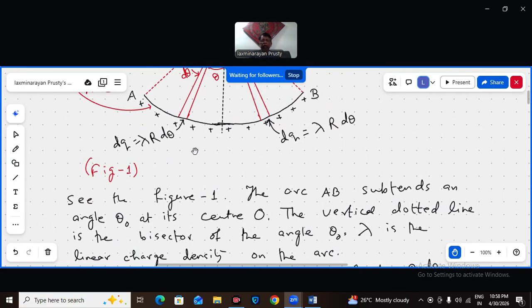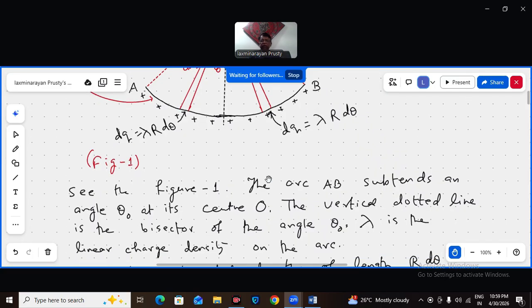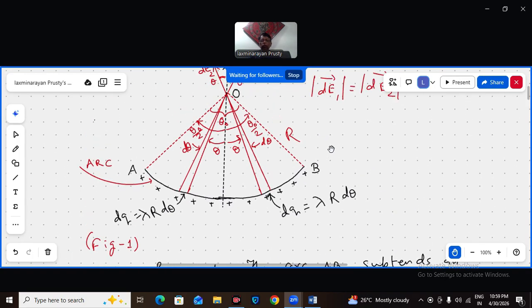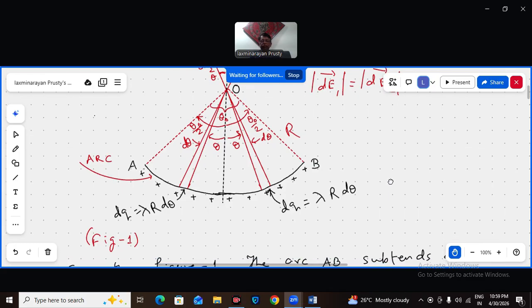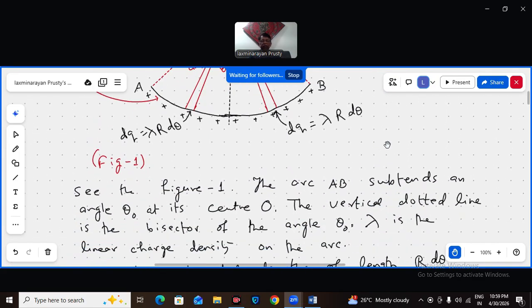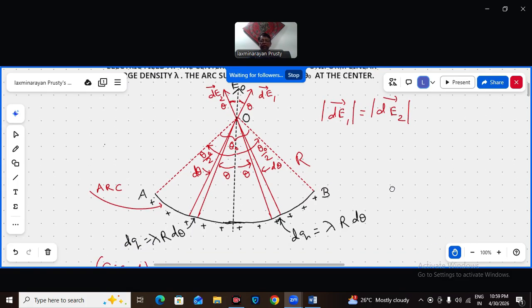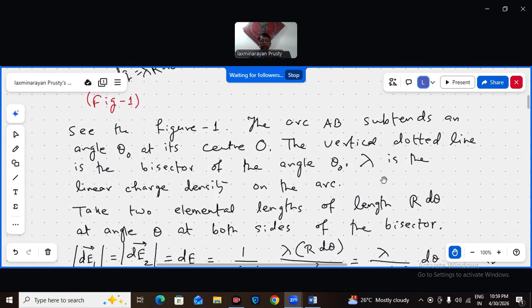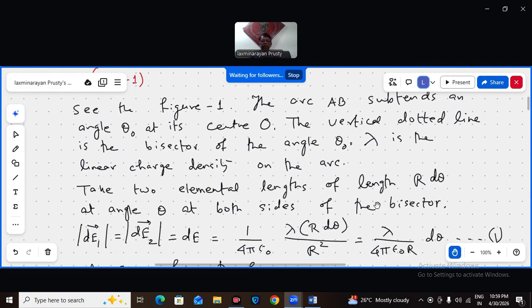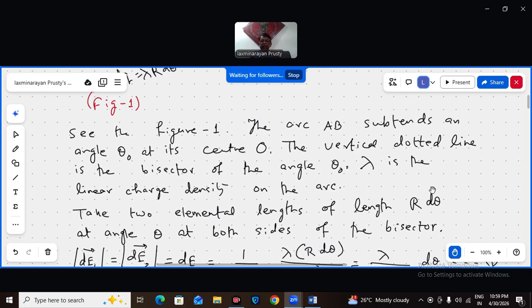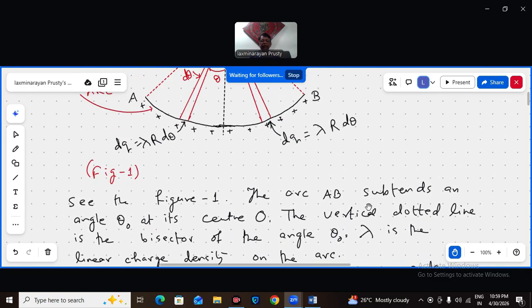The arc AB subtends an angle theta naught at the center O. The vertical dotted line is the bisector of the angle theta naught, as you see here. Lambda is the linear charge density on the arc. Take two elemental lengths of r d theta at angle theta on both sides of the bisector.